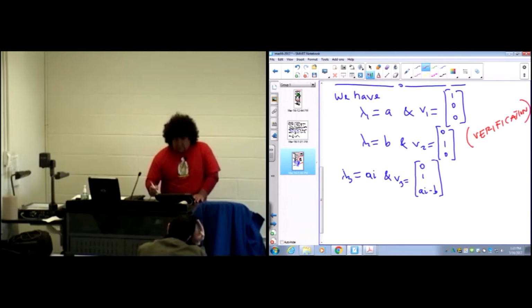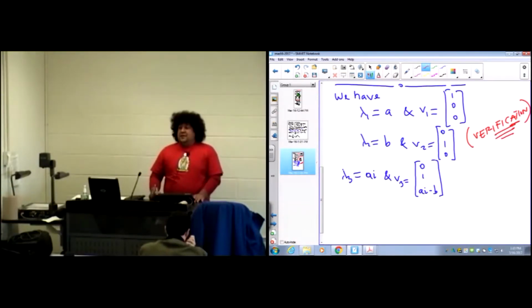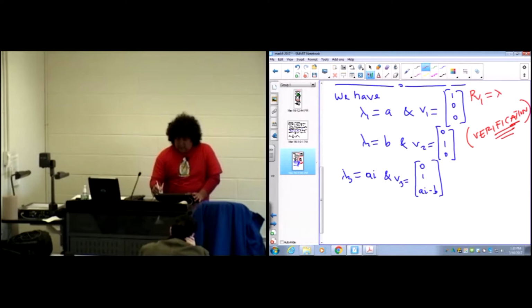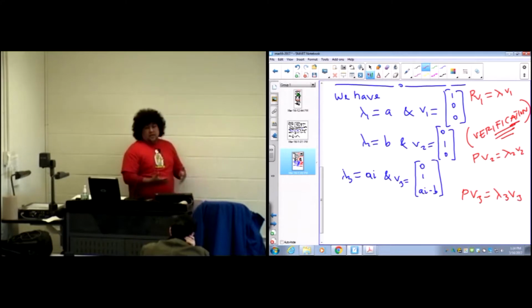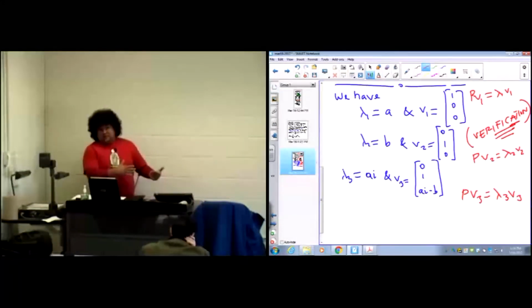So what we're going to do next is to raise the exponential to the power lambda 1 times t. So consider e to the lambda 1 t, that would be e to the at. Not much to do there.